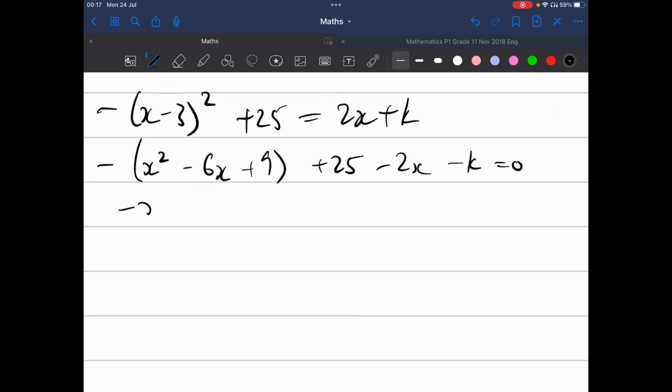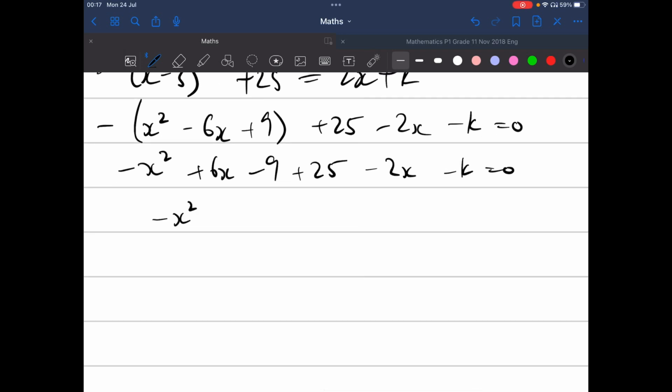So this gives me minus x squared plus 6x minus 9 plus 25 minus 2x minus k equals 0. Let me group my like terms and add them. Plus 6 minus 2 is plus 4x. And then minus 9 plus 25 is plus 16. And then minus k doesn't have any other terms.